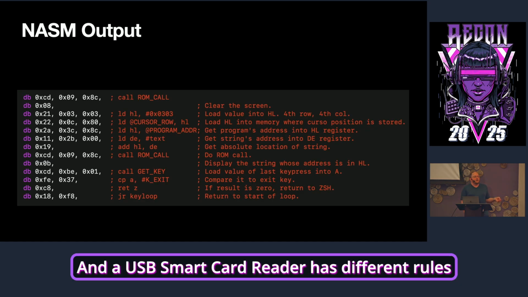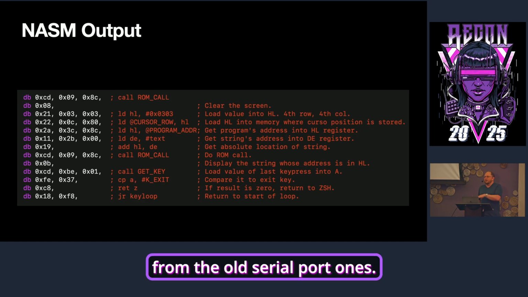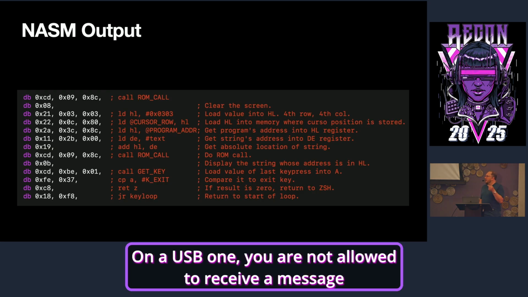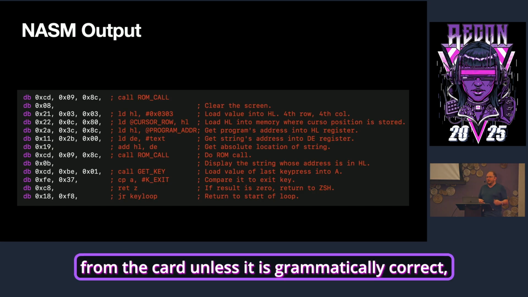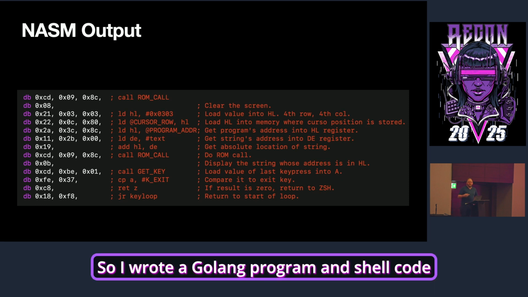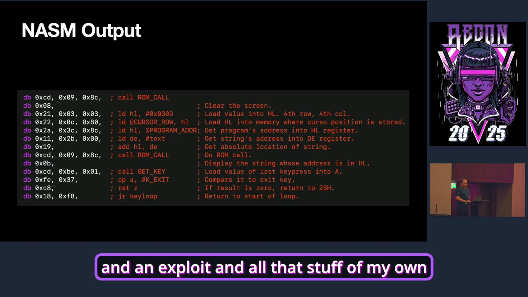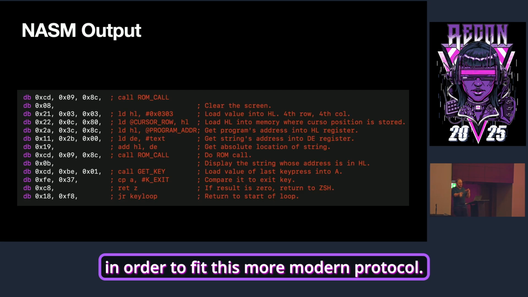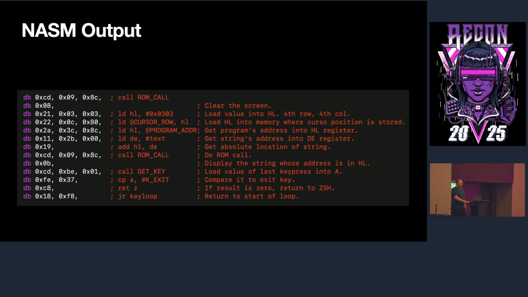And a USB smart card reader has different rules from the old serial port ones. On a USB one, you are not allowed to receive a message from the card unless it is grammatically correct, like of the appropriate length and with the appropriate checksums. So I wrote a Golang program and shellcode and an exploit and all that stuff of my own in order to fit this more modern protocol.